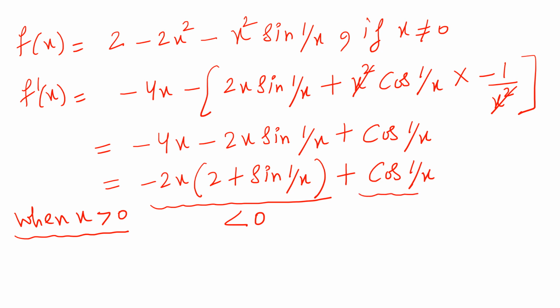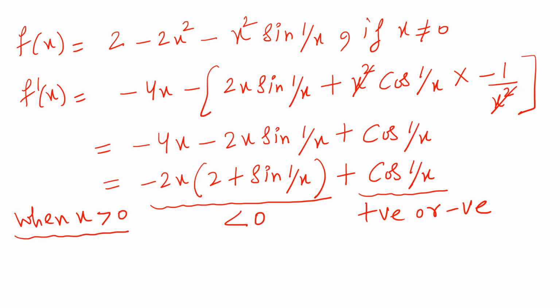Now students, cos of 1 upon x may be positive or may be negative. It depends upon in which quadrant 1 upon x lies. If 1 upon x lies in second or third quadrant, then cos of 1 upon x is negative. In this case, f dash x is also negative, or f of x is decreasing.